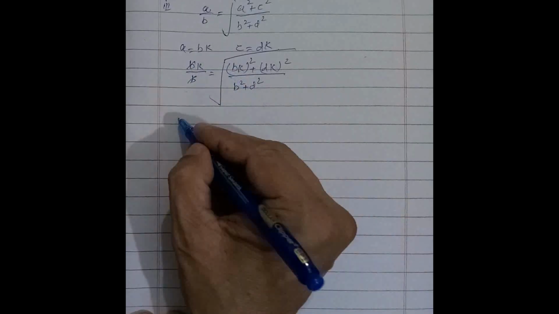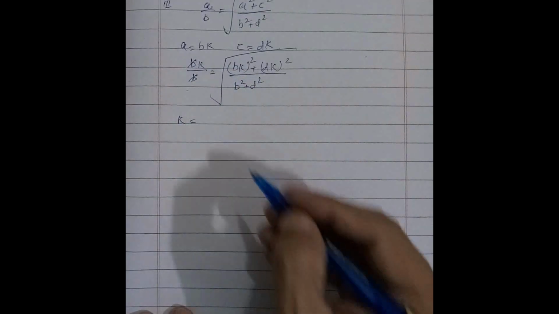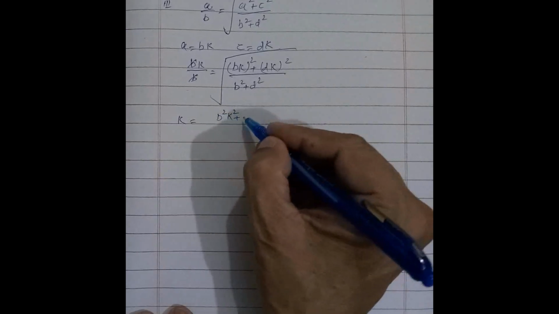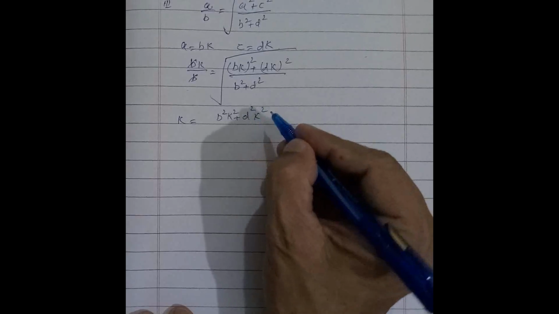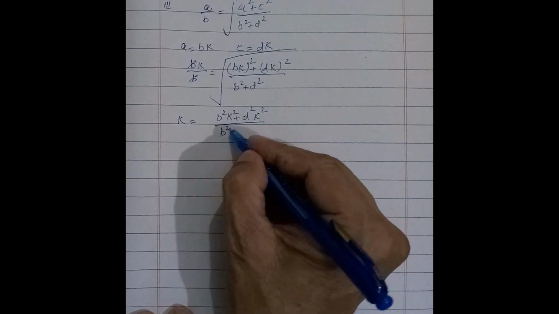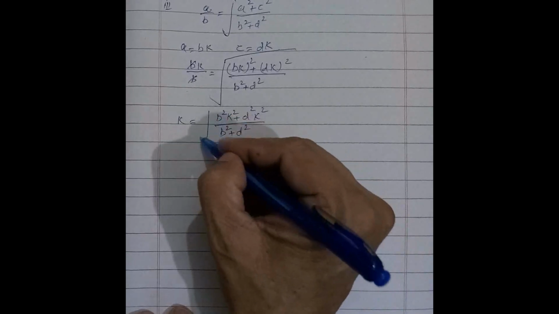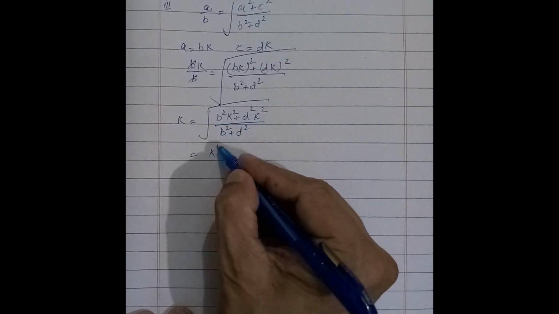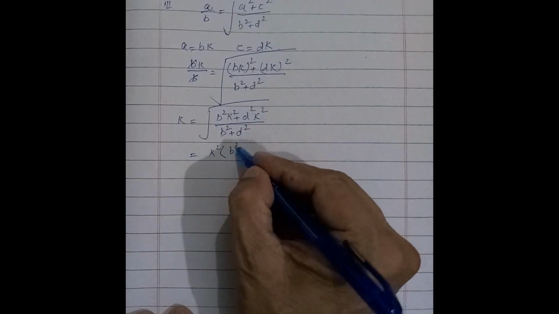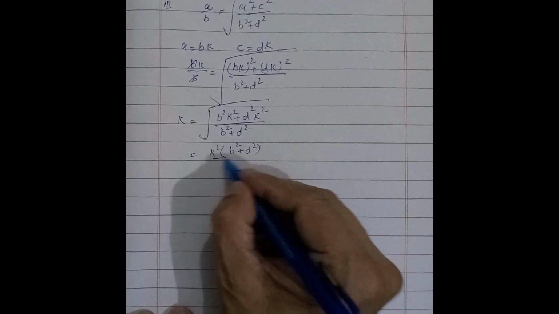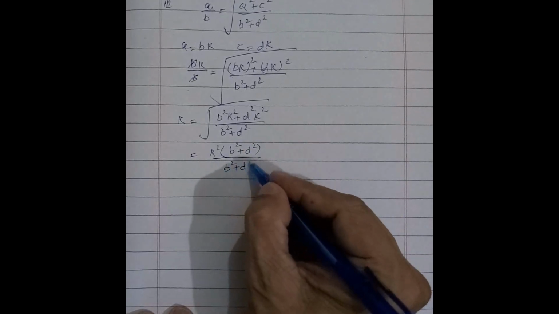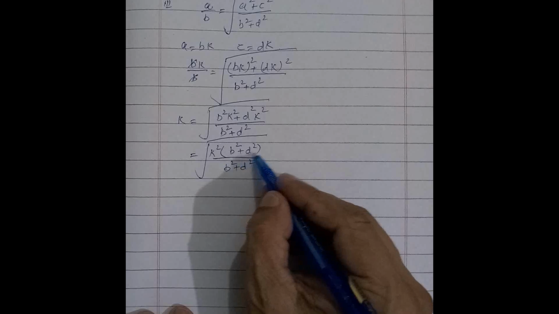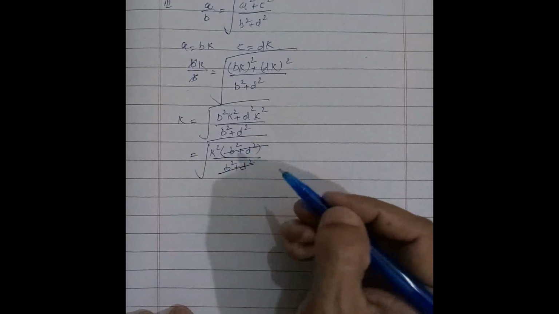B cancels with B, we get K is equal to, on the right hand side, the square root of B square K square plus D square K square over B square plus D square. Take common K square. The remaining values are B square plus D square over B square plus D square. This B square plus D square cancels with B square plus D square.